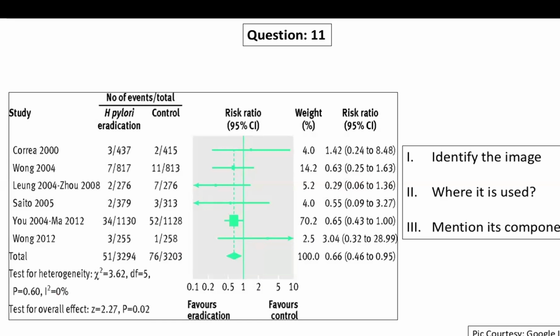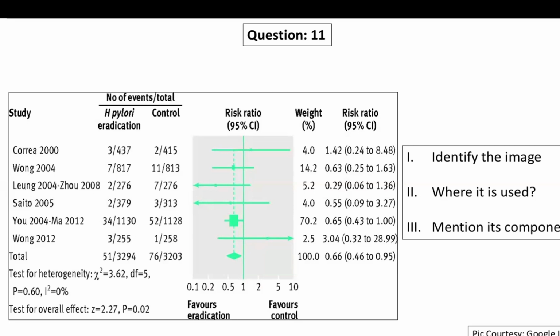Identify all the components. On the left side we have the study group, sir, that are enlisted in the meta-analysis, where we can write the author name or the publication year. Then there is a graphical part where the horizontal green line is the confidence interval of each study.